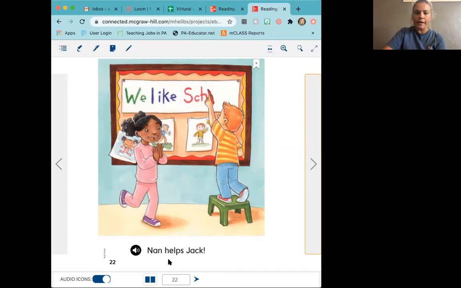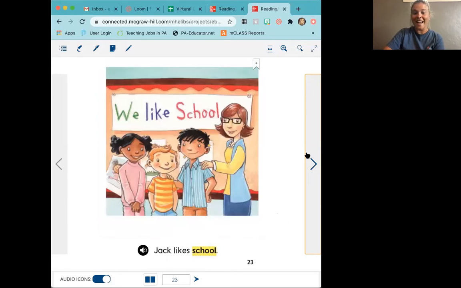So I'm going to reread it. Nan helps Jack. She helps him, like we said, she brings him the stool. And now he can go ahead and write what he's writing. You need to look at that word. Think to yourself, what do you think he's writing? Jack likes school. Good job, he was writing school.